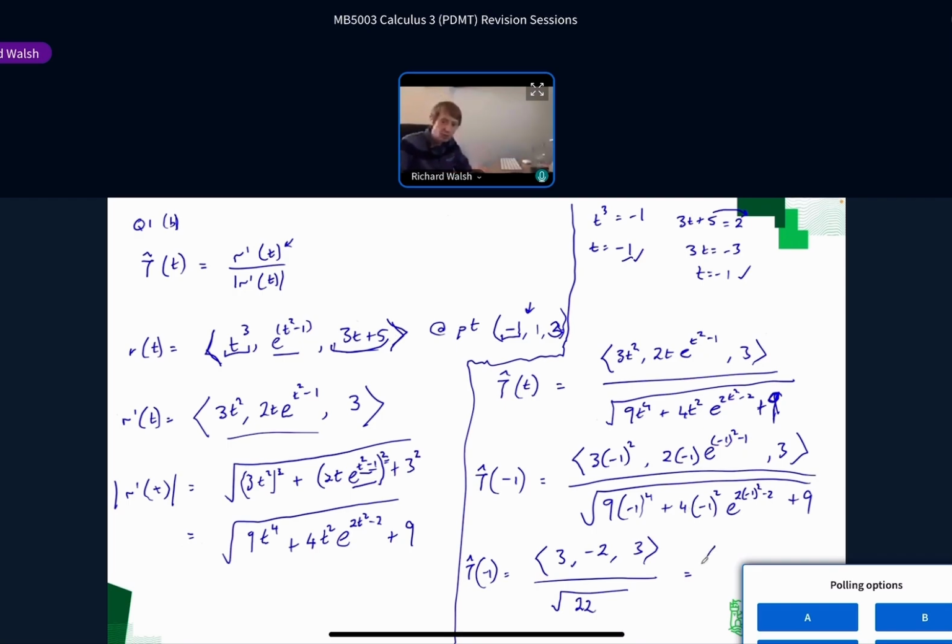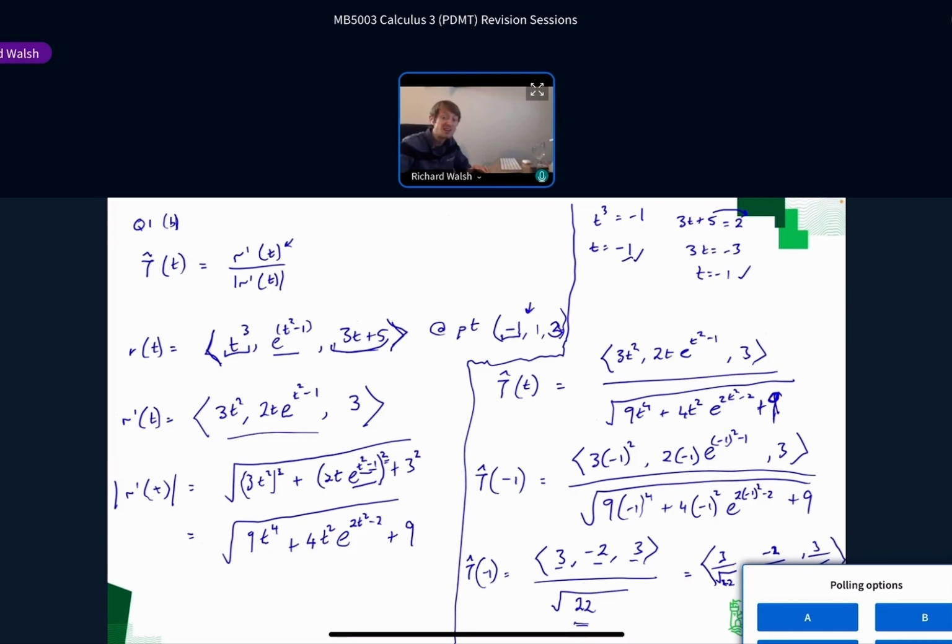So it'll be 3 over root 22 as the first component of the vector, then minus 2 over root 22, and the last one is 3 over root 22 again. That would be your unit tangent vector.